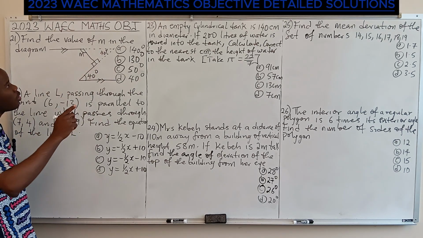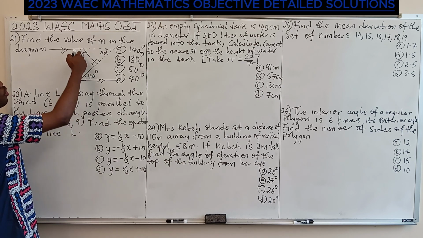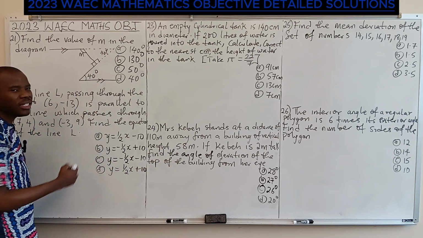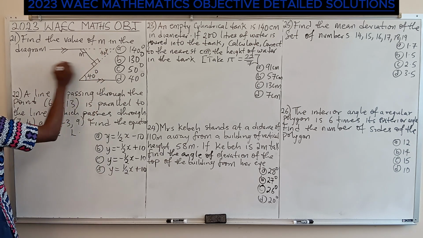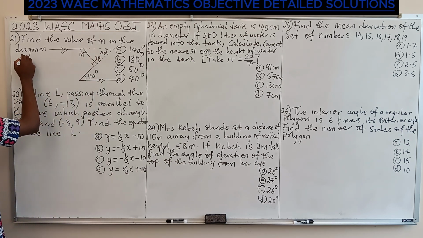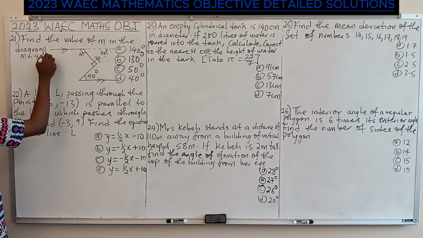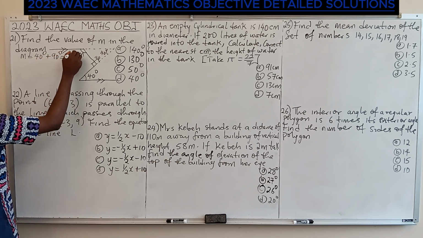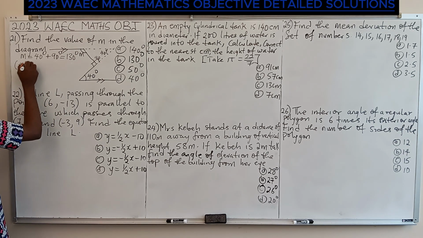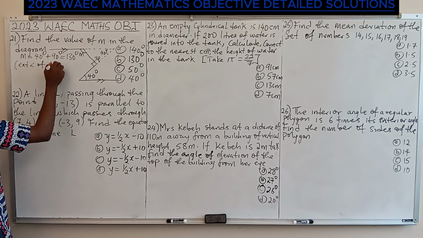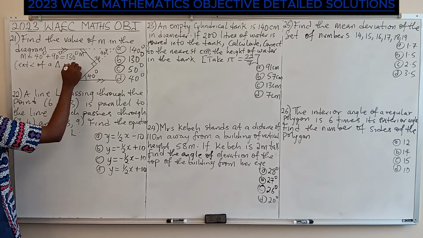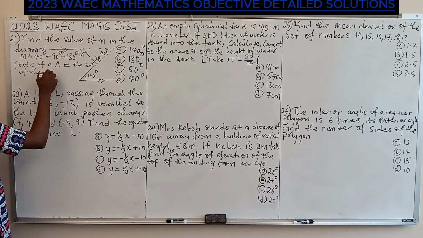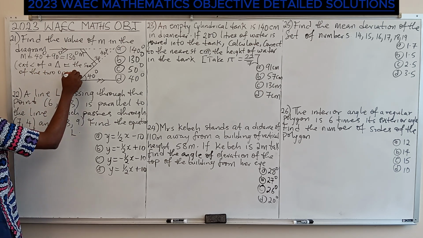Remember, one of the theorems says the exterior angle of a triangle is equal to the sum of the two opposite interior angles. It therefore means here is 90, M is 40 degrees plus 90 degrees, which is 130 degrees. The reason is the exterior angle of a triangle is equal to the sum of the two opposite interior angles.